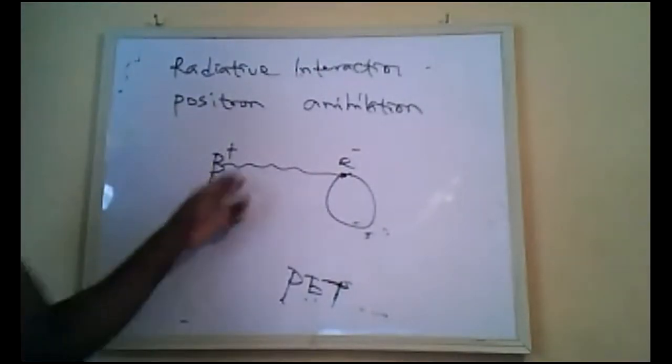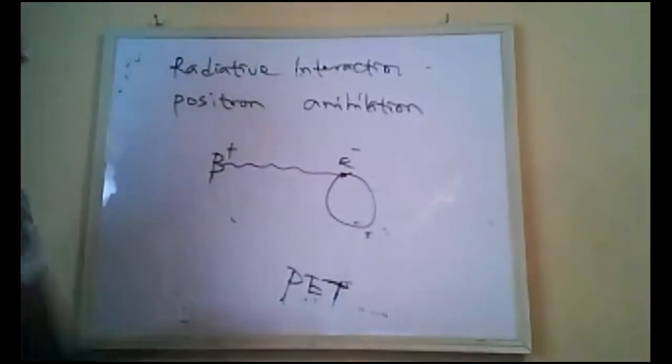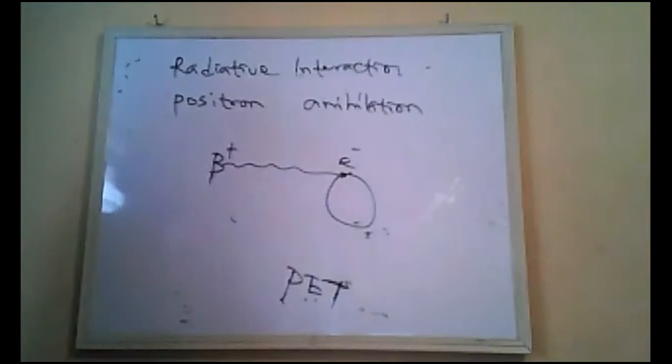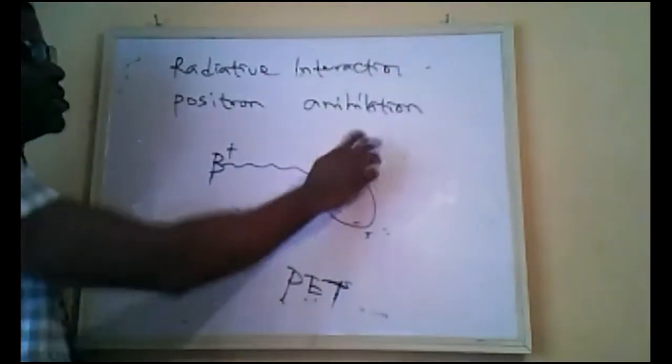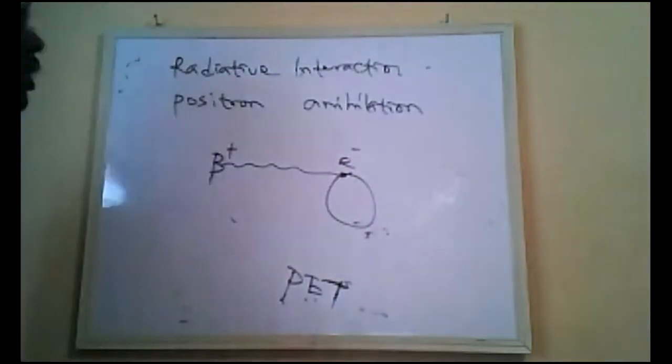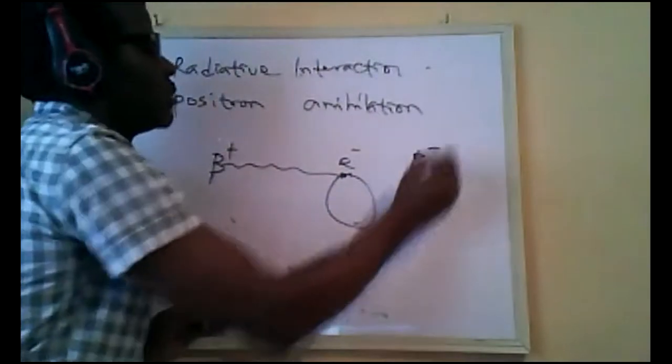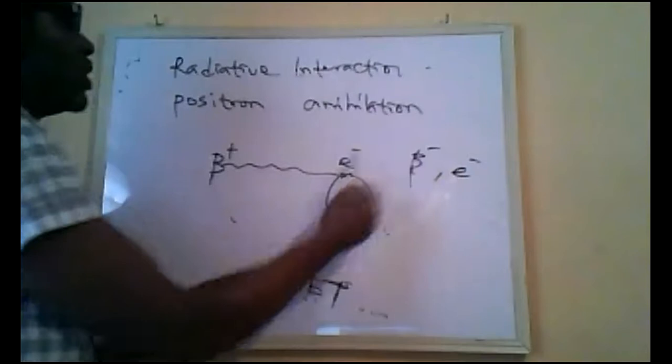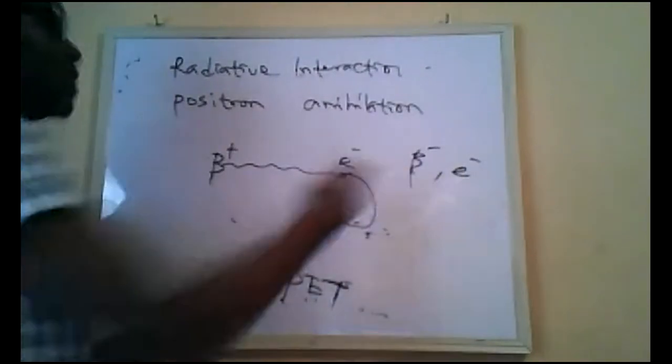Beta plus, like I said in our last lecture, and the beta minus and the electron are essentially the same thing. This one originates from the nucleus, whereas this one is an orbital electron.